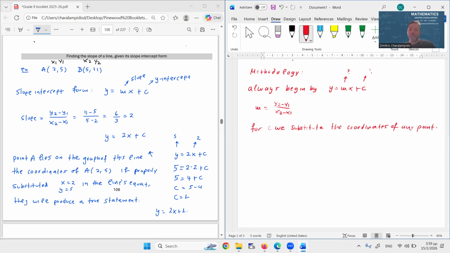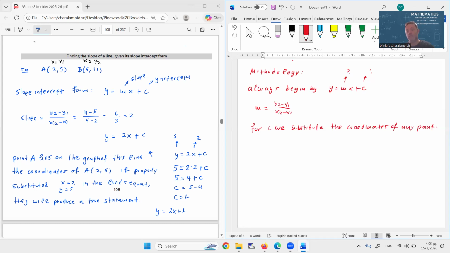A question you often ask in class is, do we have to choose a specific point? No. Any point will do the work exactly the same way. If you use point A and you find a specific value of c, but you use point B and you find a different value of c, then I'm sorry to inform you, but you have done something wrong.